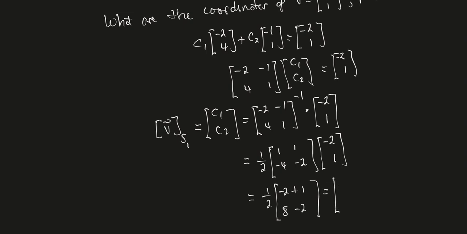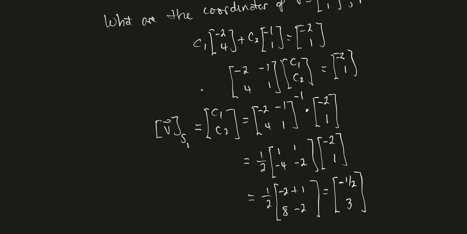So what do we have? So -1, let's see. So that's -1/2, there we go. And then we got 6/2, so this is 3, right? So there we go. So these are the coordinates of V relative to our non-standard basis, right?